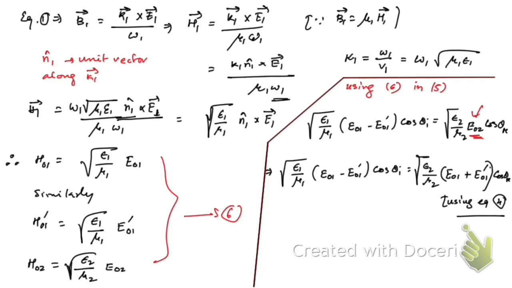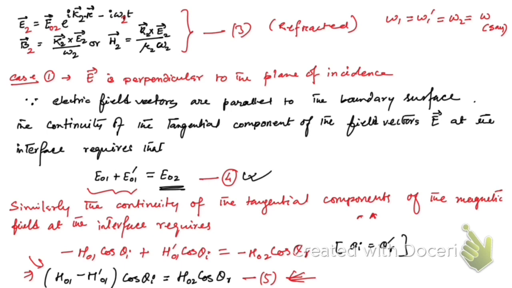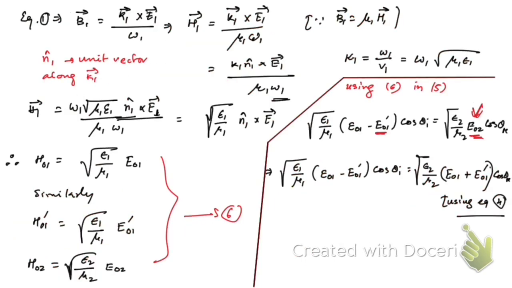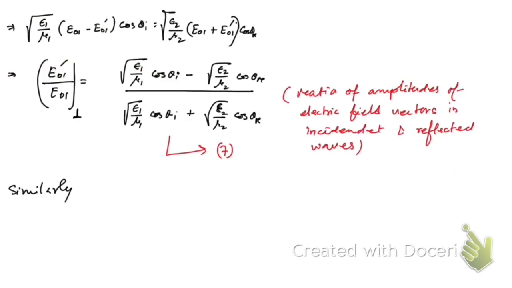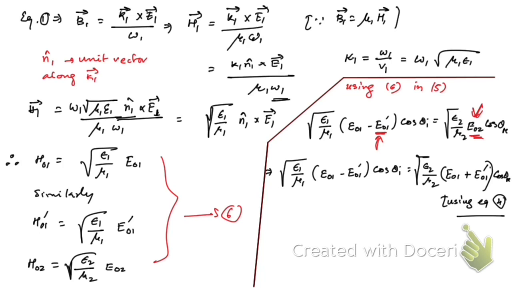instead of replacing this E02, if we replace E01 dash using equation number 4, then E01 dash is going to be equal to E02 minus E01.